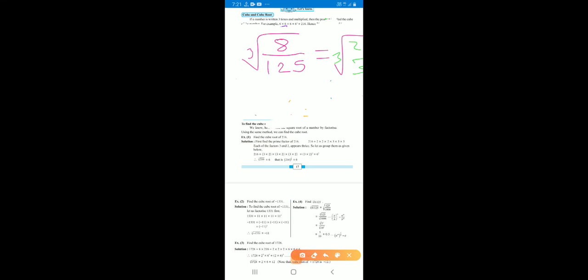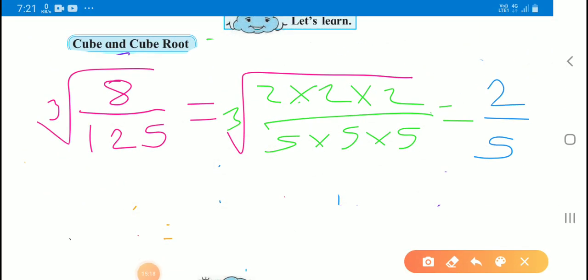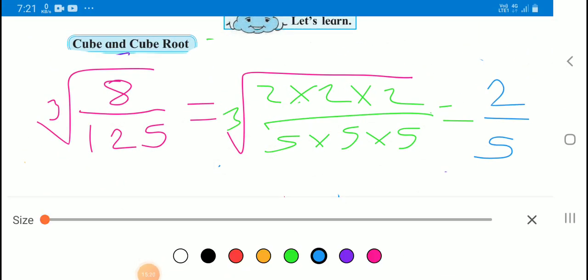Now one more example we will see how to find the cube root of the number. So I will take another example.